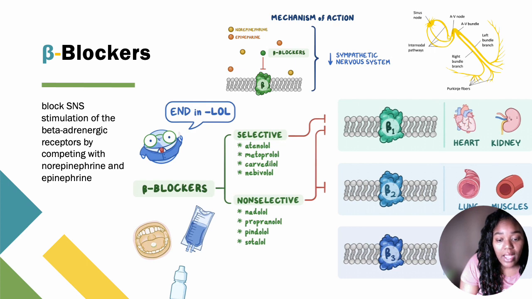So that's what these non-selective beta blockers do, which brings up the point that if you have an individual that has asthma, it's not good to give them a non-selective beta blocker because of the effects that it has on those beta 2 receptors.